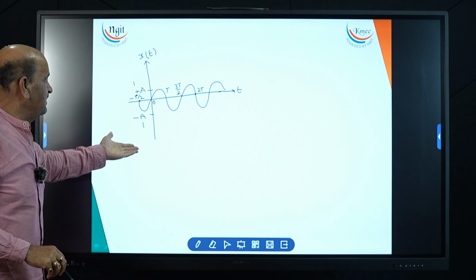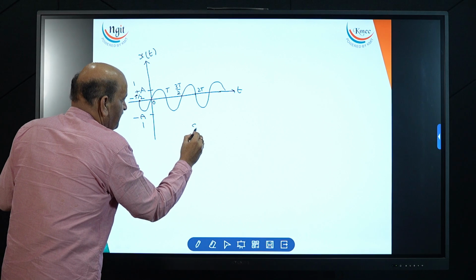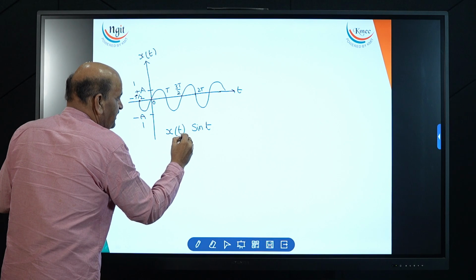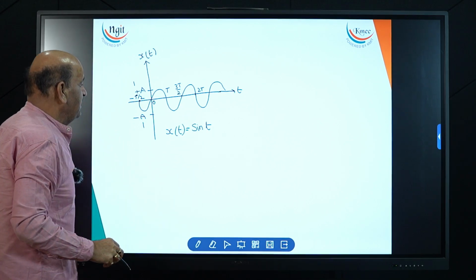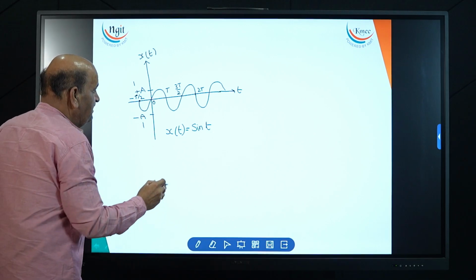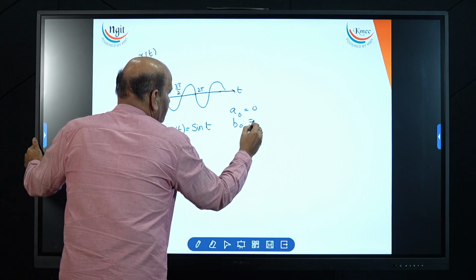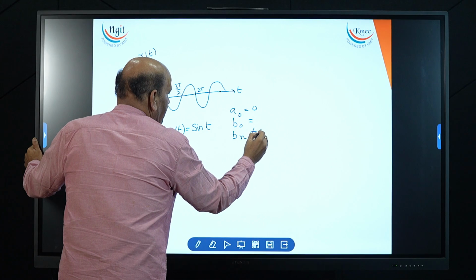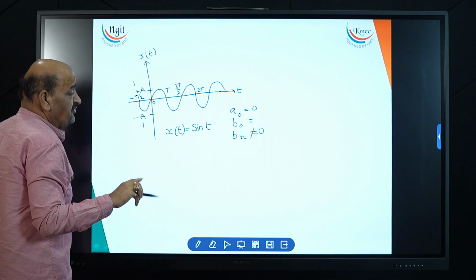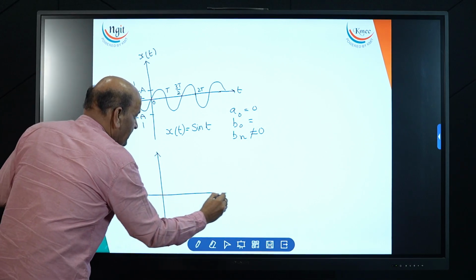Find the Fourier series of this one. This is the direct representation of which function? This is a sine graph. Therefore, the signal is sin t. Sin t is what? Odd. It is an odd signal. Odd signal means what? Here a0 equal to 0, an equal to 0, but bn not equal to 0. Sin t is odd, and minus sin t is also odd. Make it a point.